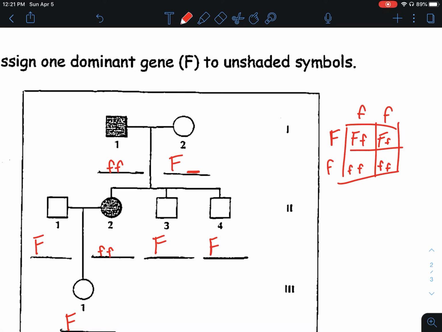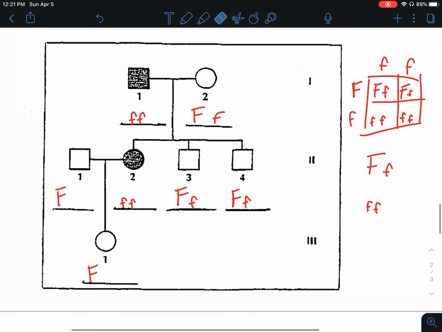So the only two possible genotypes from this cross are heterozygote or lowercase, lowercase. That means we can figure out that those ones are going to be heterozygotes as well, and that mom up here had to be a heterozygote. Now, can we tell with certainty what the son-in-law is? No, we can't.